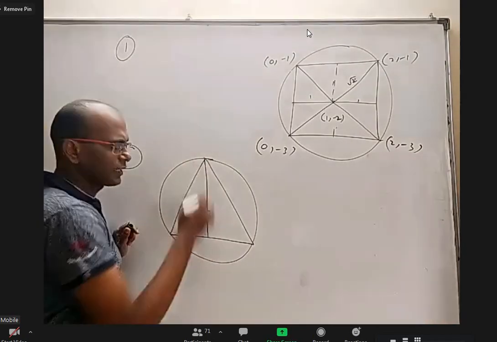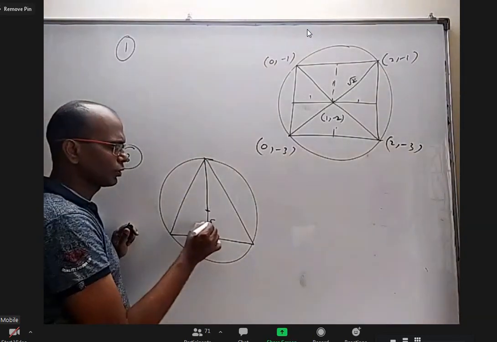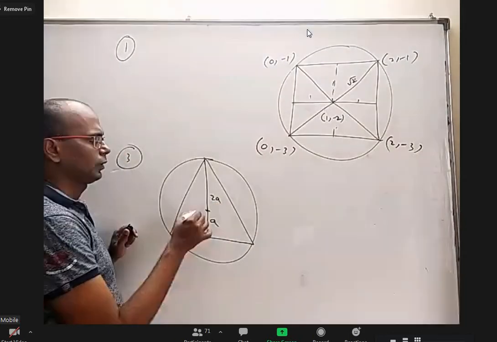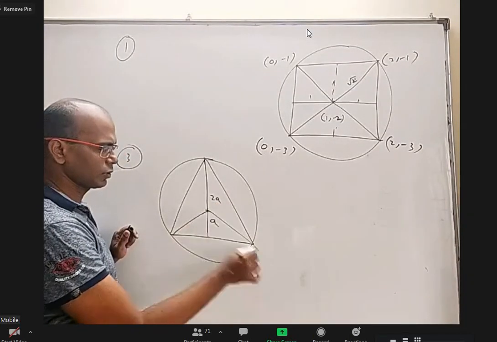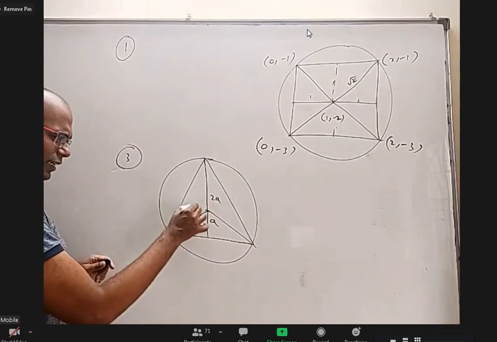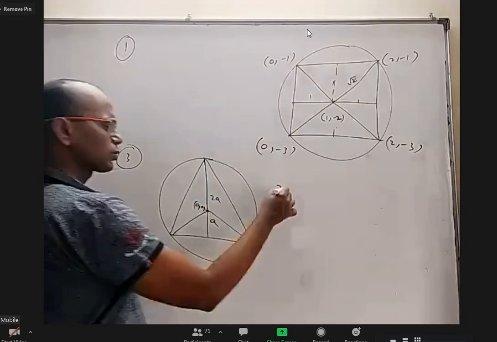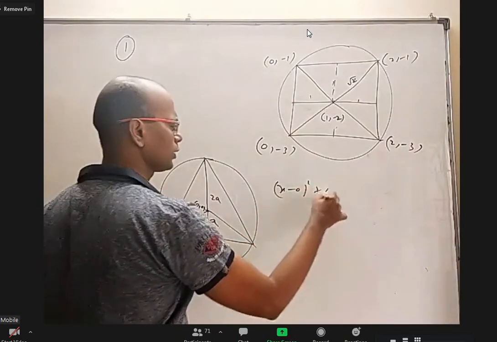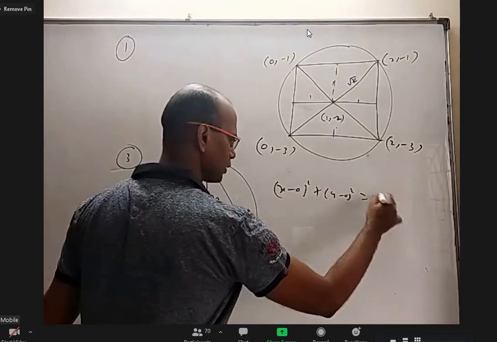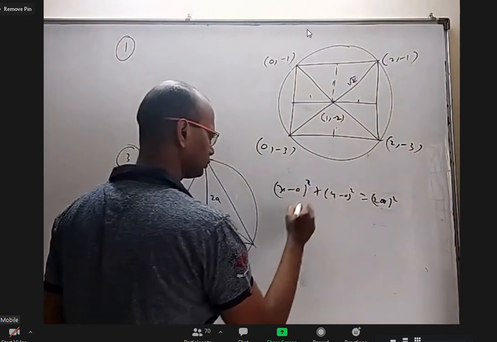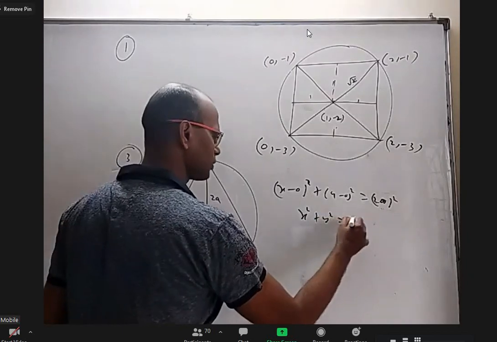This total length is 3a means based on 2:1 ratio, this will be a and this will be 2a. So you wanted the circle with center origin and radius 2a. So x minus 0 whole square plus y minus 0 whole square equal to (2a) squared, which is x square plus y square equal to 4a square.